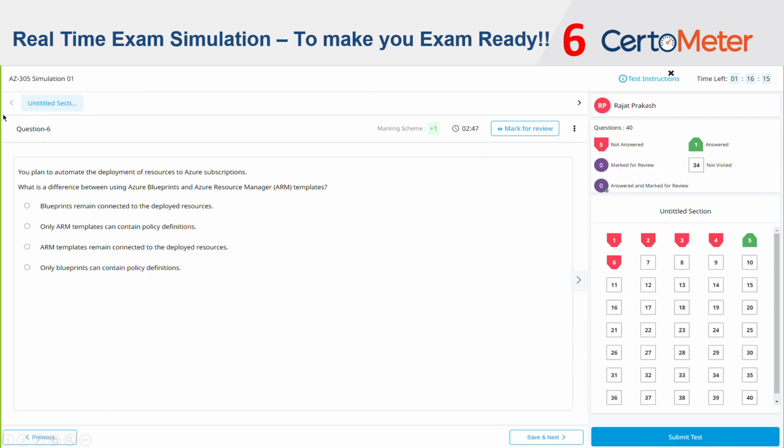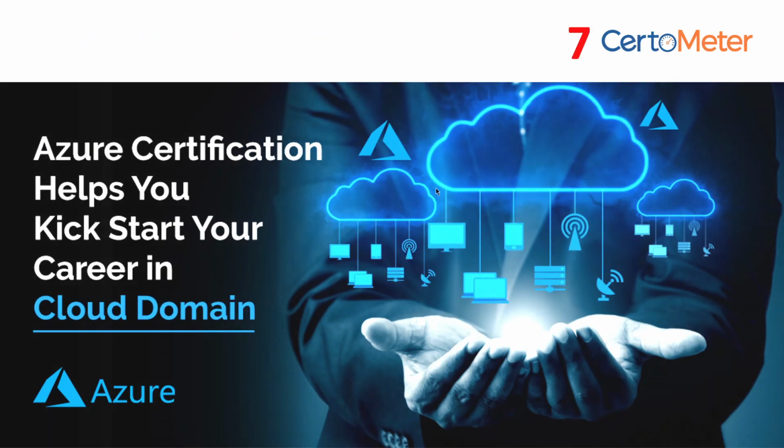Here you can see a question number, just as an example. You have four options for this question, these are the questions you need to answer, and there will be a timer set. These things will really help you to clear your exam and to understand where you stand in terms of knowledge, which will be helpful in the longer period of time.